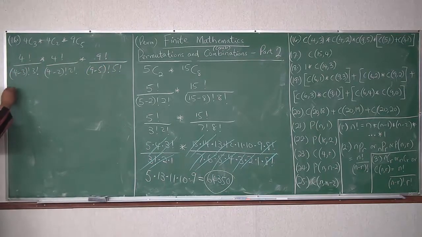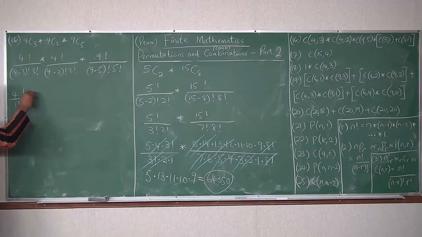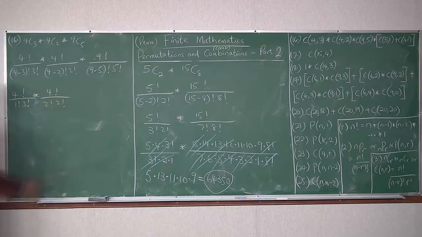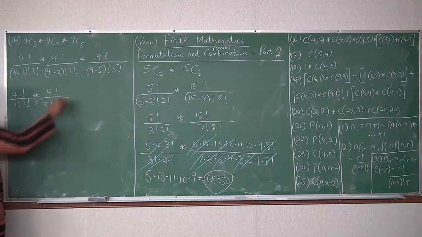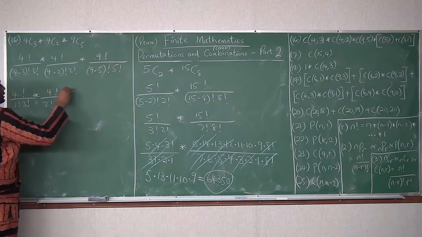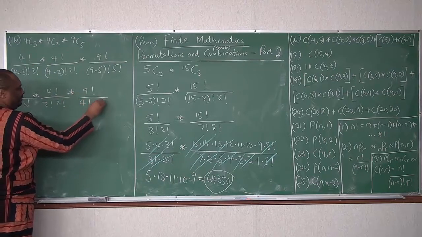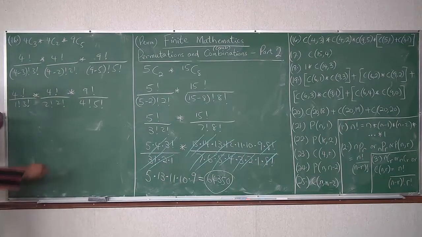So this is 4 factorial over 1 factorial times 3 factorial, times 4 factorial over 2 factorial times 2 factorial, times 9 factorial over 4 factorial times 5 factorial. Let's see what we can cross out right away so we don't waste time.